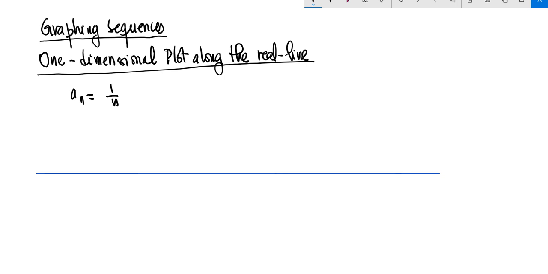So when n is 1, you get a sub 1, which is 1, and let's suppose 0 is somewhere here. 0 is not a term of our sequence, but let's suppose 0 is located somewhere there. When n is 2, a sub 2 is 1/2, a sub 3 is 1/3, a sub 4 is 1 over 4, and so on.